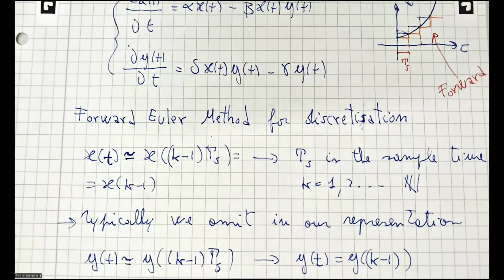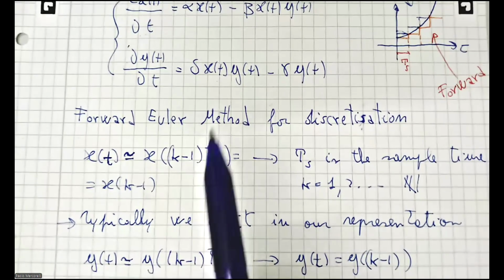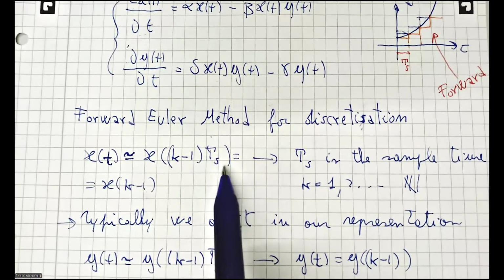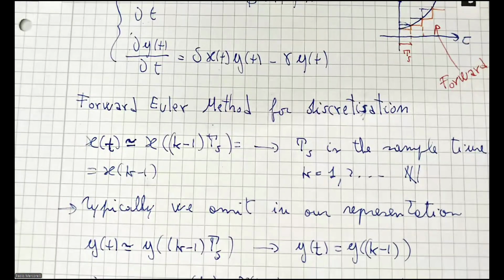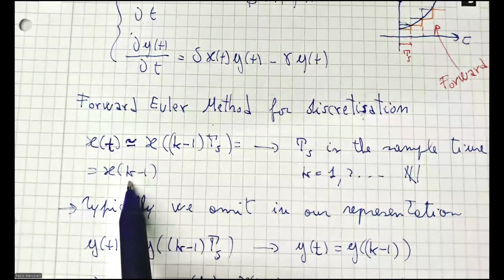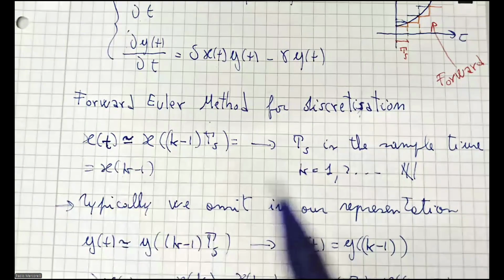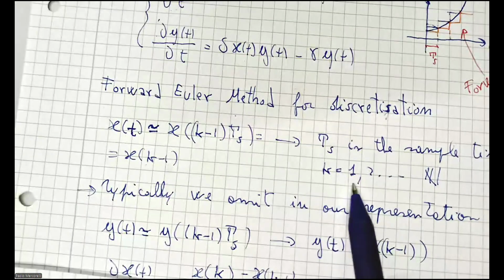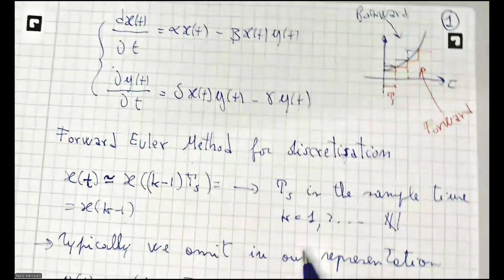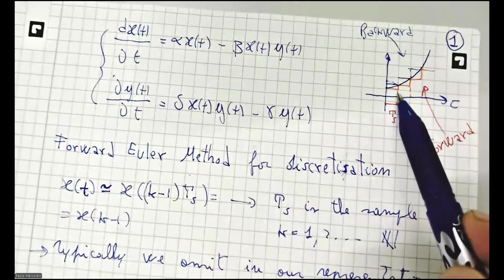When we apply it with MATLAB or any kind of software, Ts must be considered, but inside the argument we can consider it normalized. For easy notation, we consider x as a function of k, which is a counter, an integer.